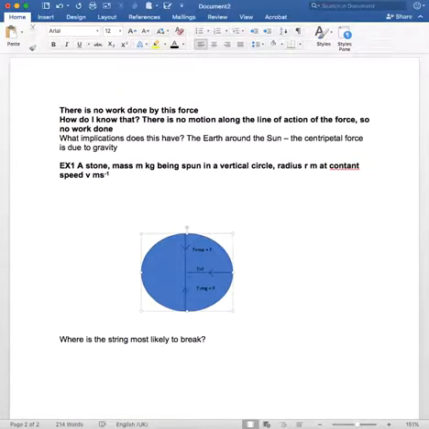And the next question is, what is the minimum speed for the stone to perform a circle?